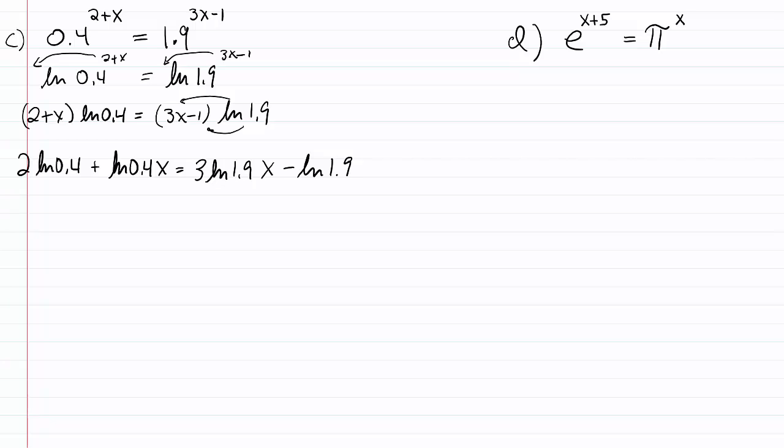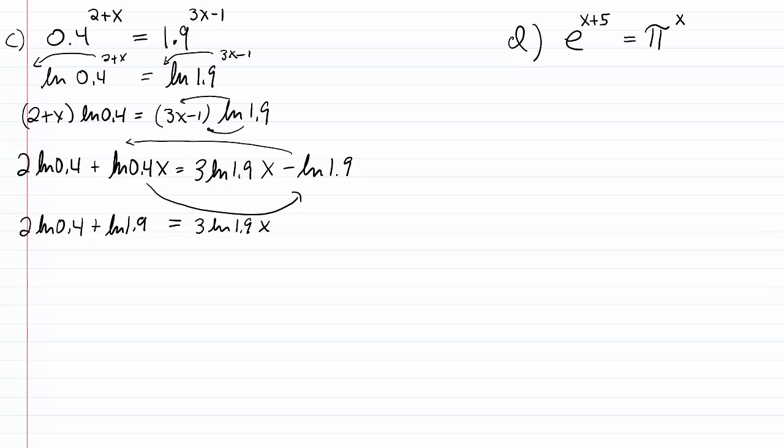Now we want to get things with x's on one side and the numbers on the other, so I'm going to go ahead and bring this guy over and bring this guy over, right? So switch those positions. So we'll have 2 ln of 0.4. When the negative ln 1.9 comes over, it becomes positive ln of 1.9, right? That'll be equal to 3 ln of 1.9 times x minus ln of 0.4 times x.